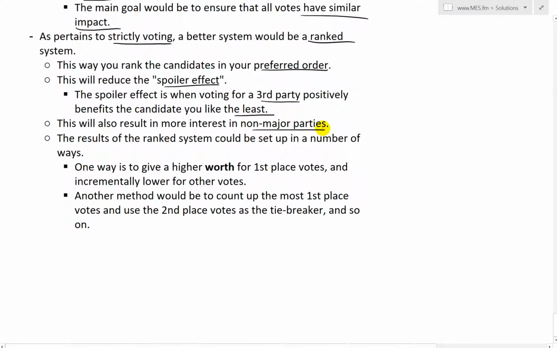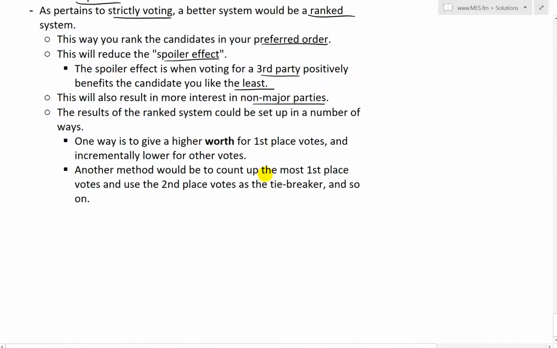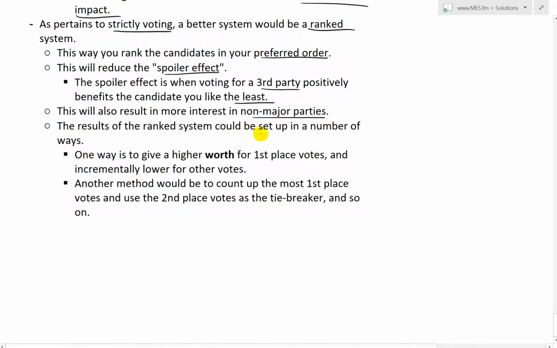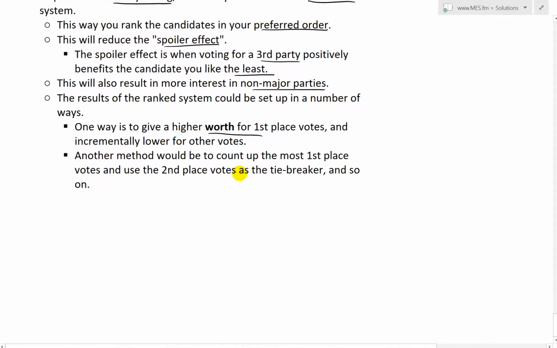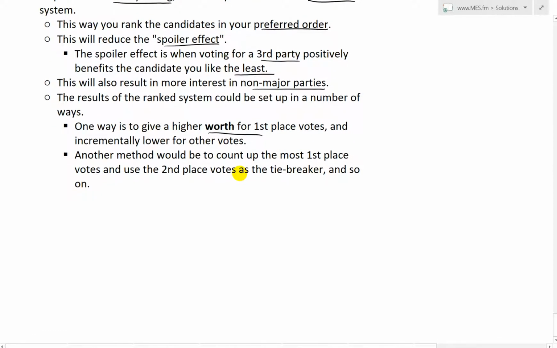Basically, instead of picking which candidate you like, you put a list of all the candidates in the order you want them. The results of the ranked system could be set up in a number of ways. One way is to give a higher worth to first place votes. I think this is how the NBA, the National Basketball Association, does it for their MVP voting.